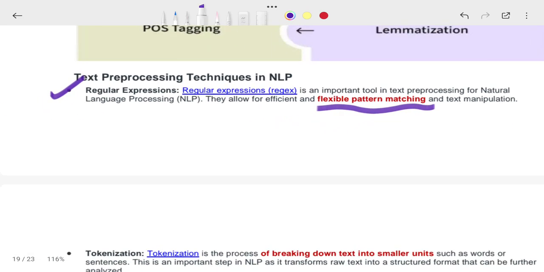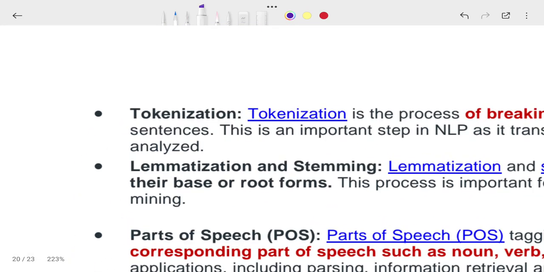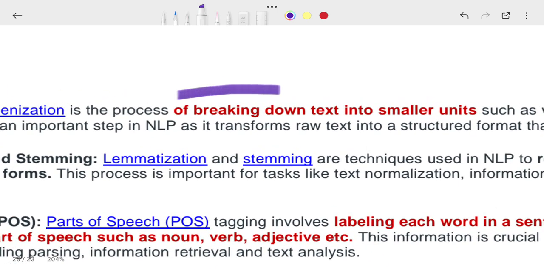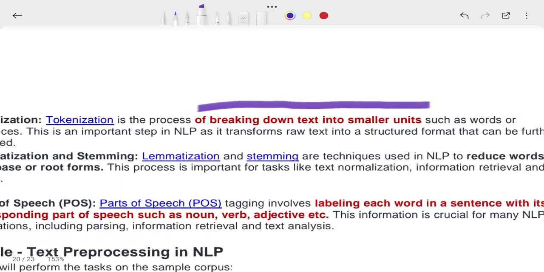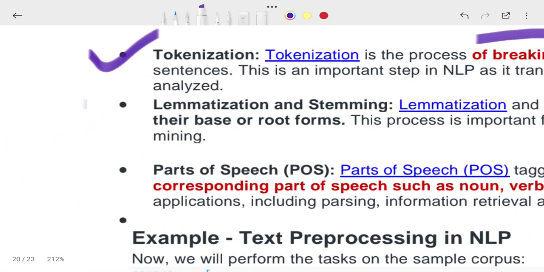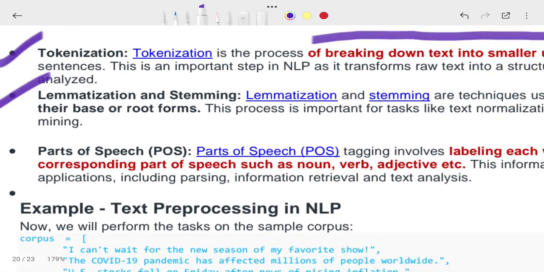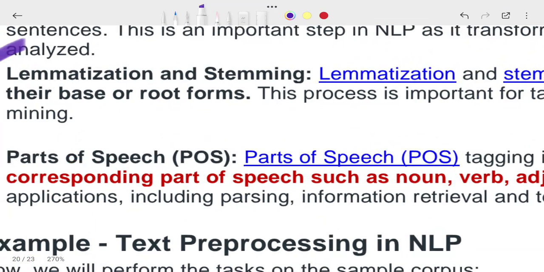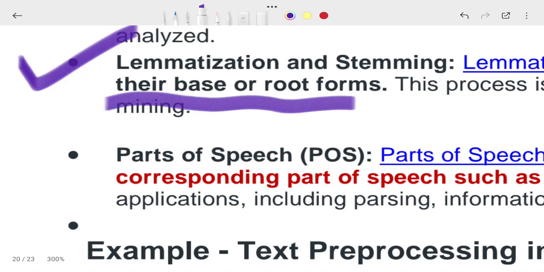I will show you one code. Second one is tokenization. What is the meaning of this? To break the text into smaller units. And third, lemmatization, means we are reducing the word and finding the base root form. Later I will show you.